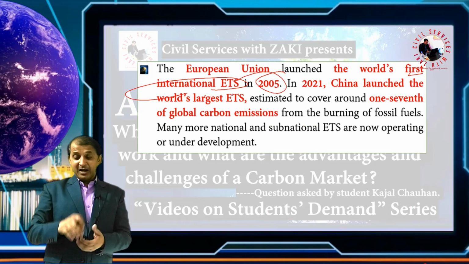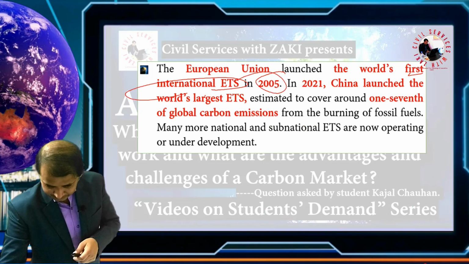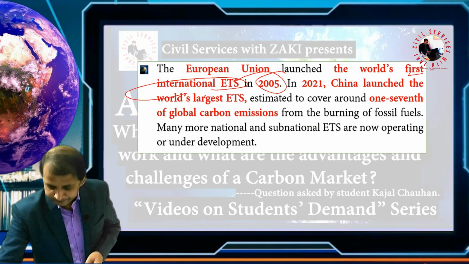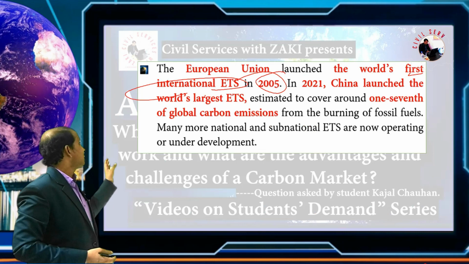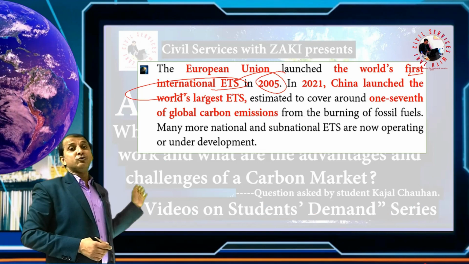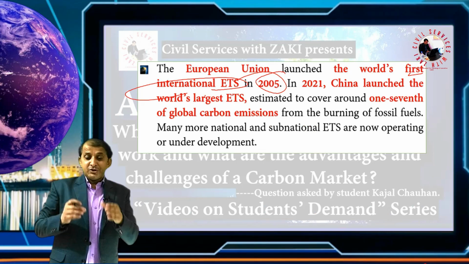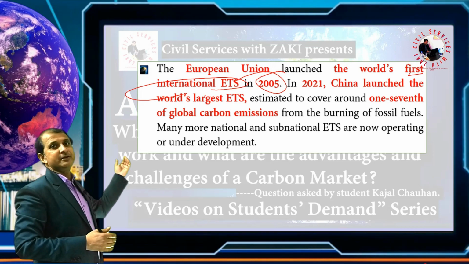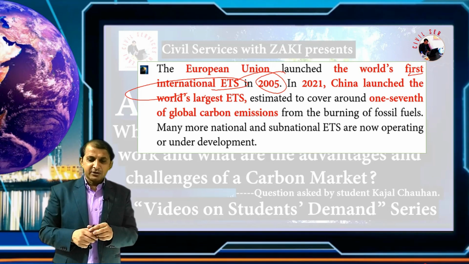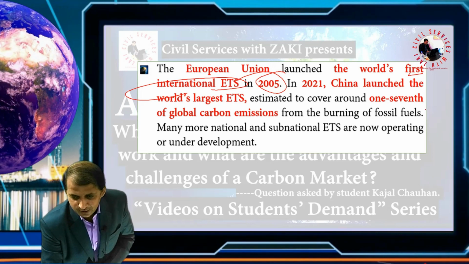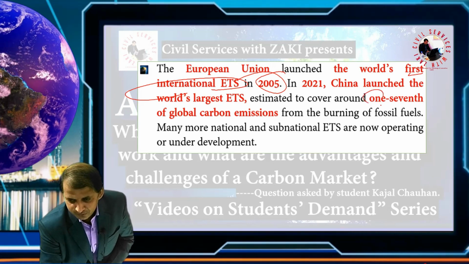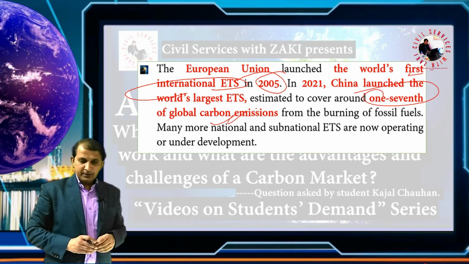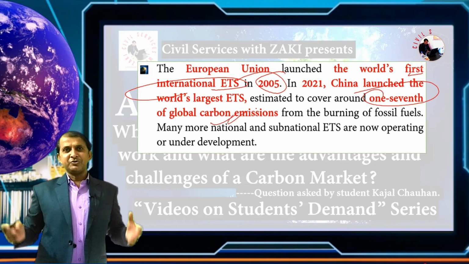After that, in 2021, China launched the world's largest emission trading system, estimated to cover one-seventh of global carbon emissions, as you know China is still using more coal.